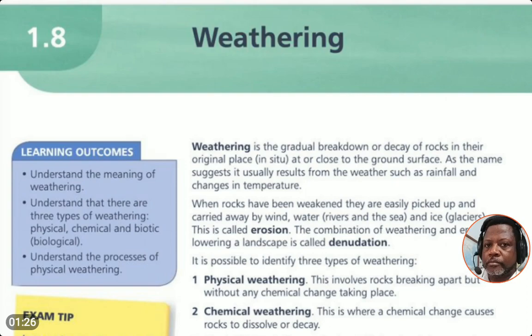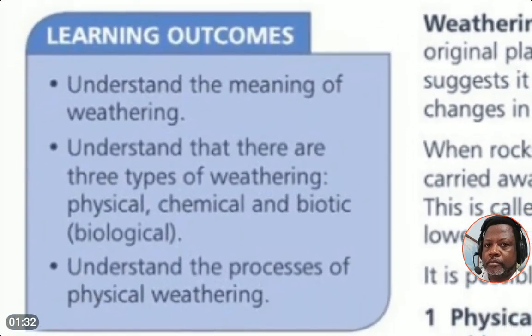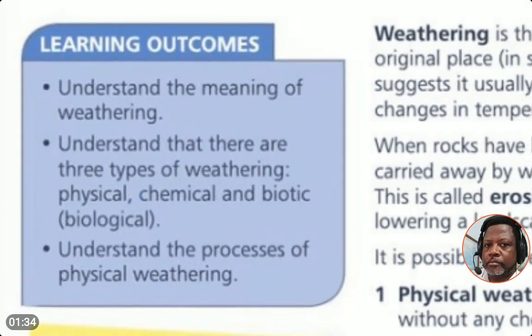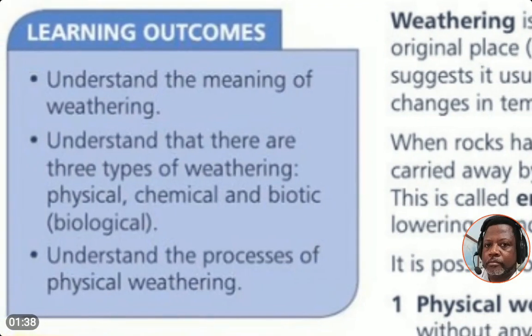Okay, before we begin the topic officially, let's zoom in on the objectives of this particular lesson as it relates specifically to the objectives of the CXC syllabus. Now, at the end of this teaching video, we are hoping that CSEC students of geography will be able to understand and clearly define and express the term weathering.